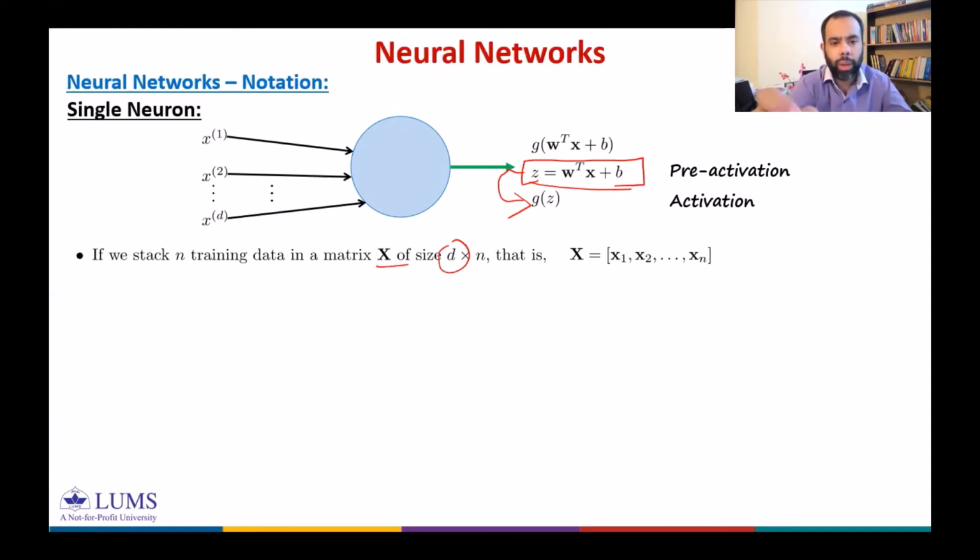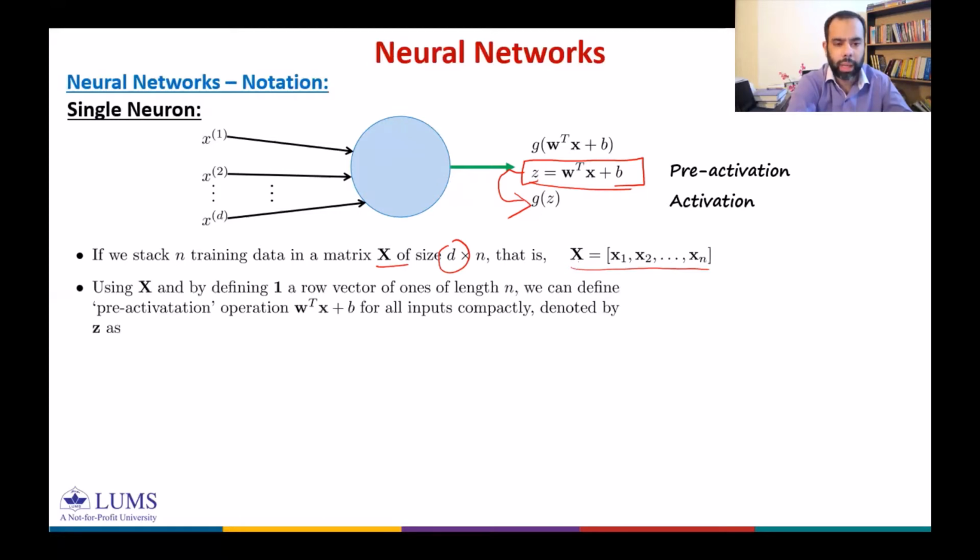Now I'm going to define the output when all the inputs are present. I will use this X, and define 1 as a row vector of ones, whose length is n.